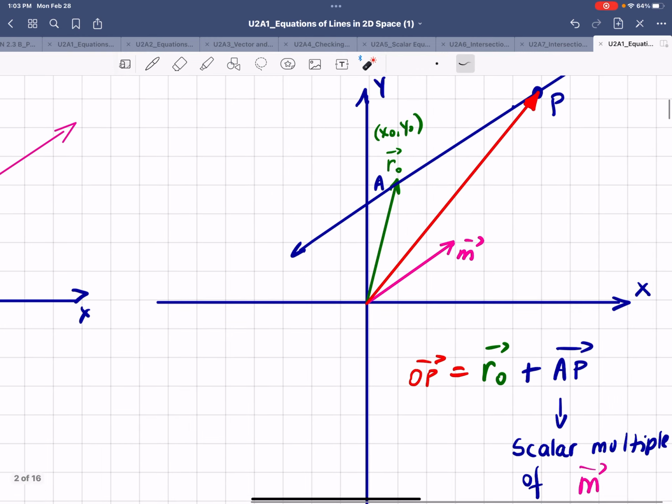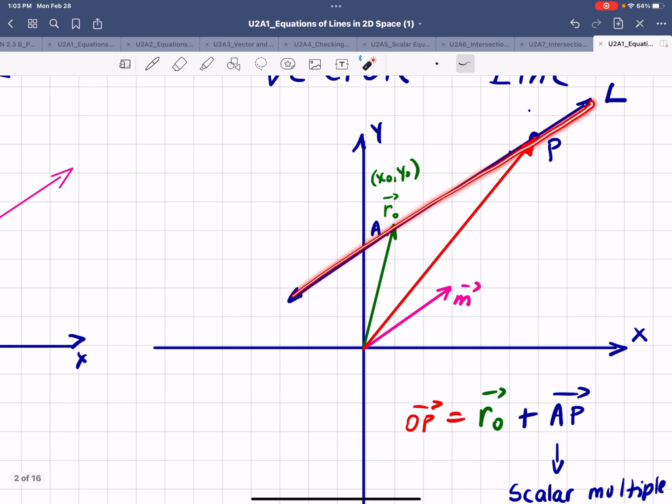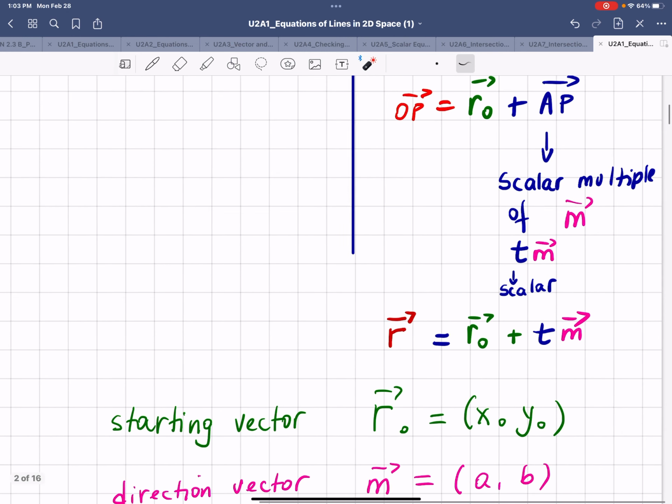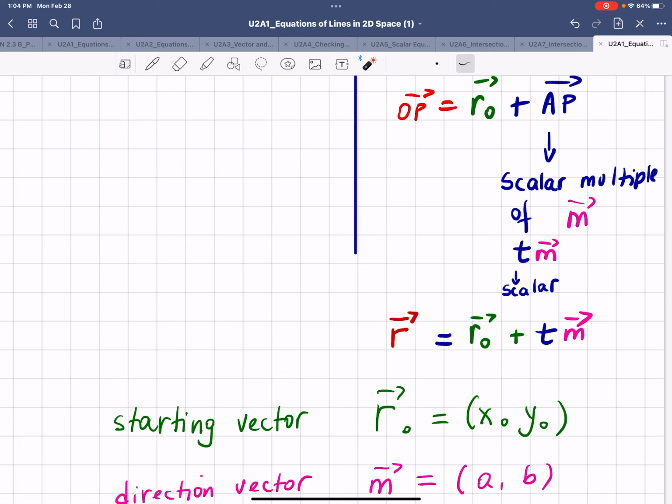So we are going to say that this line in here can be uniquely described as a line that passes through vector R0 and this point in here, which is the head of the vector R. So there is one and only one line that we can draw that can pass through the heads of vectors R0, which is our starting vector, and this particular point. So we are going to say that R equals R0 plus Tm, and we're going to take this even further.